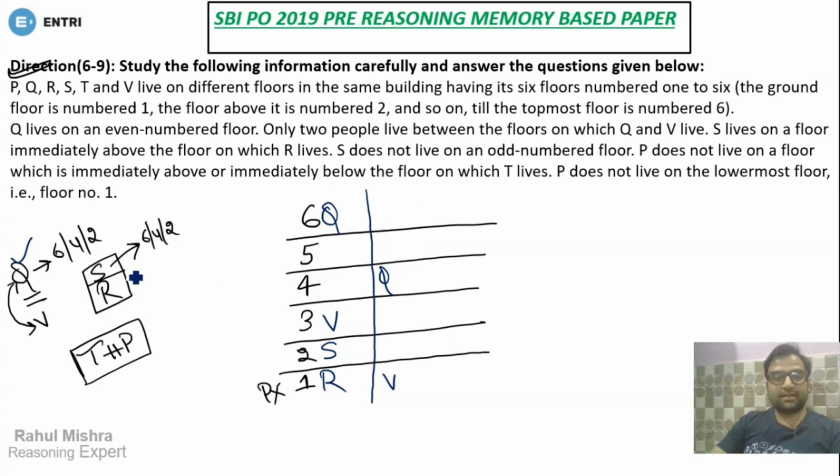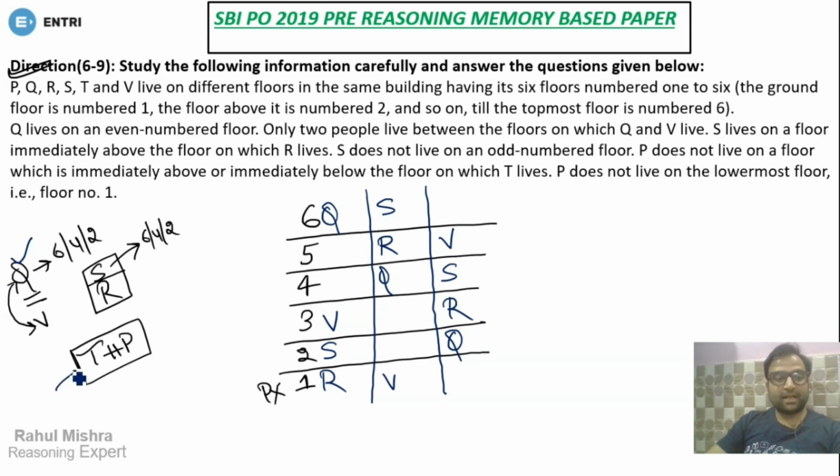Now this condition implies S and R will be on 6th and 5th floor. And the last condition is Q can be on the 2nd floor, V can be on 5th, and S can be on 4th and R can be on 3rd.